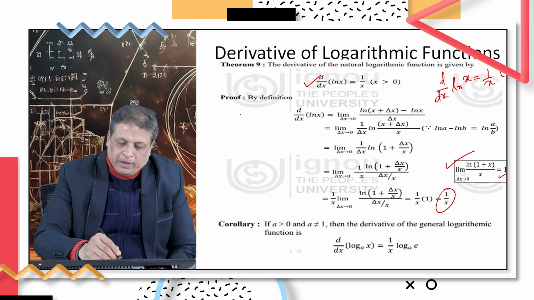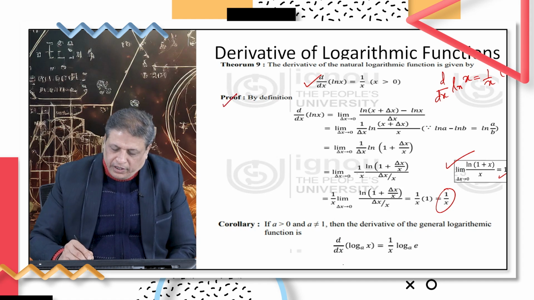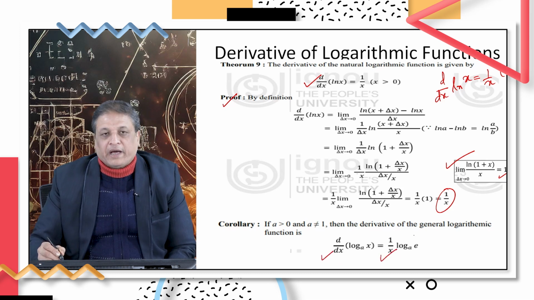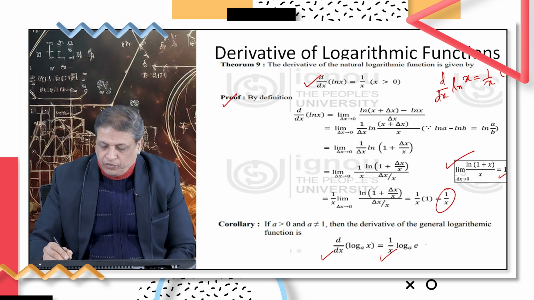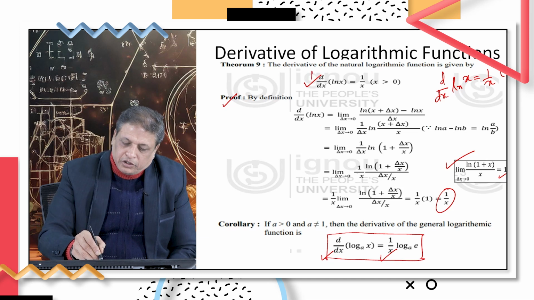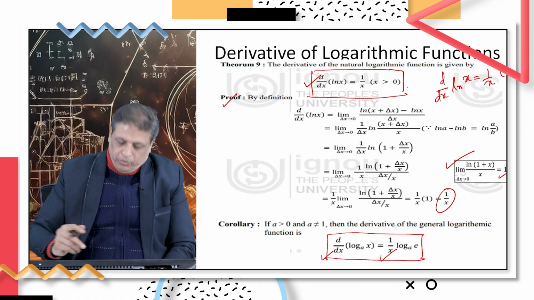So this is a very important proof, and this is a corollary, that d/dx of log to the base a of x is nothing but 1 by x of log to the base a of e. This is also an important identity. We are going to use these formulas in our subsequent problems.